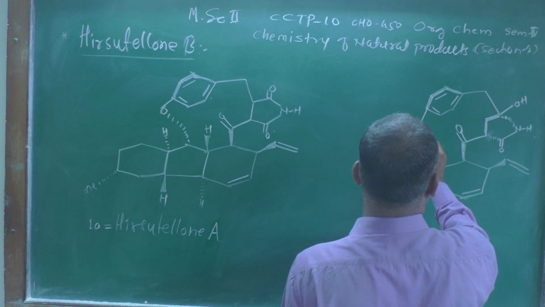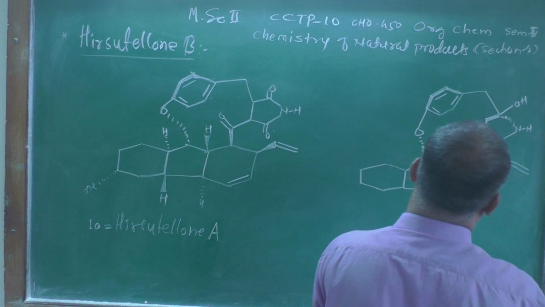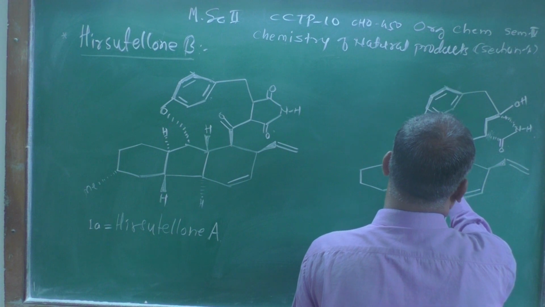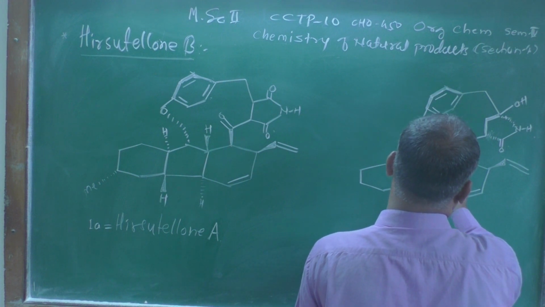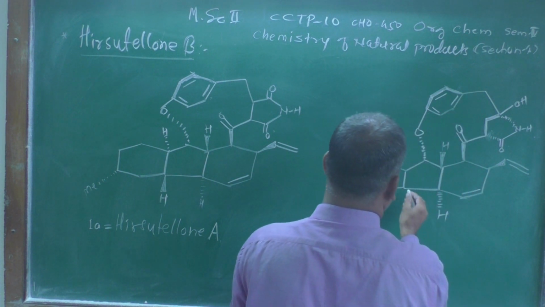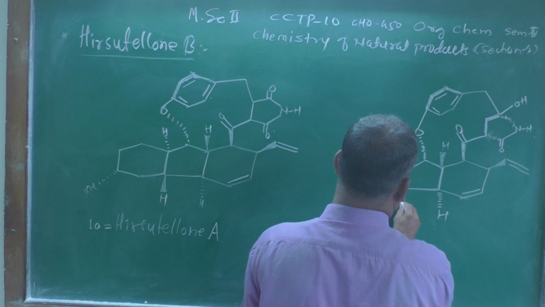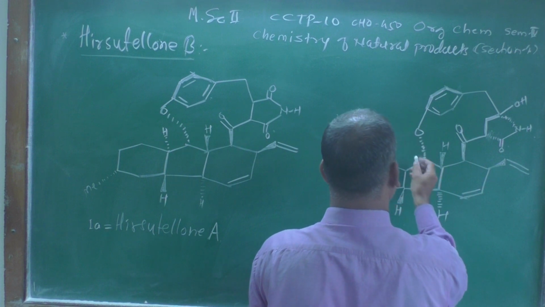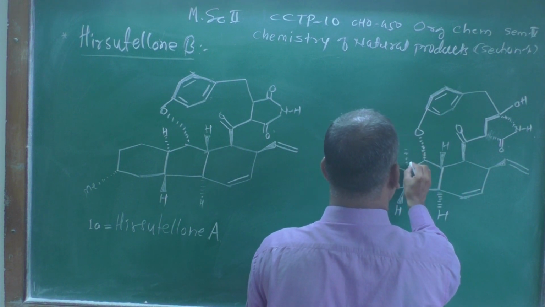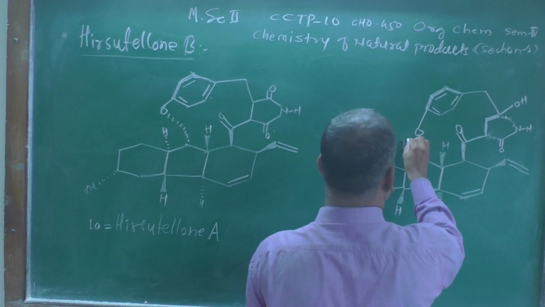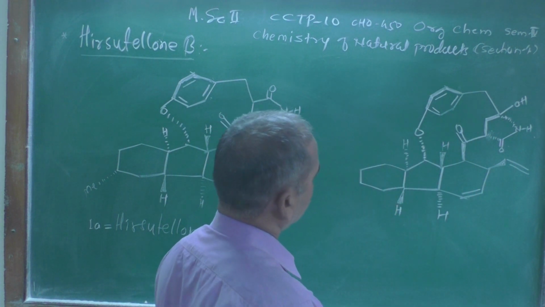Oxygen atom, there will be a bond, and here is one hydrogen atom, H. Here the hydrogen atom shown over here is above the plane. Here the hydrogen atom shown by dotted line is below the plane.